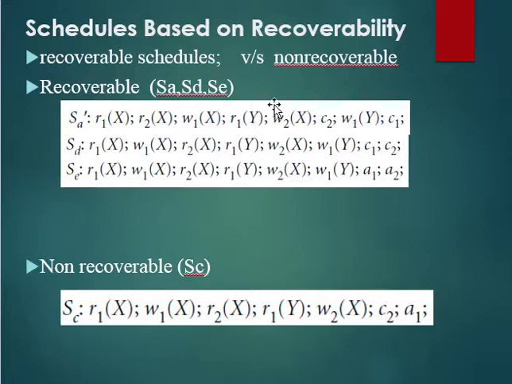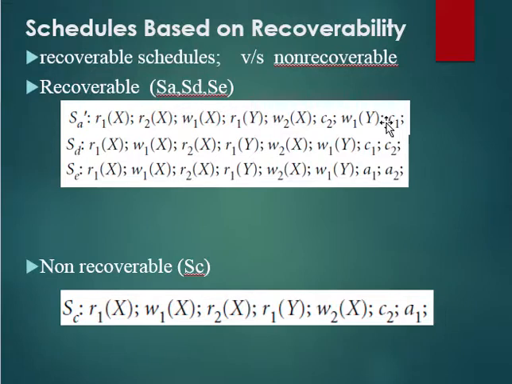So there are no operations that violate the first principle, so anyone can commit. Here C2 is committing, followed by C1 committing, so it is a recoverable schedule. First we need to check whether the first rule is satisfied in your schedule, and if it is, then you have to follow the order of commitment.